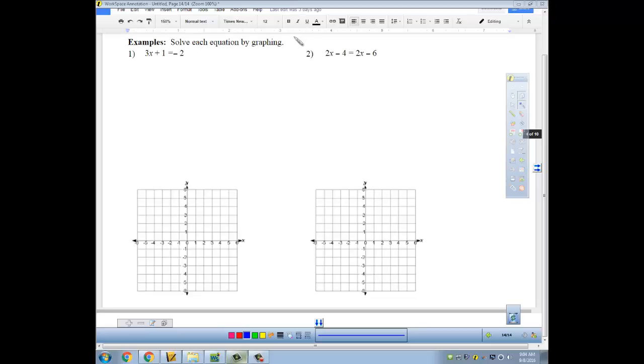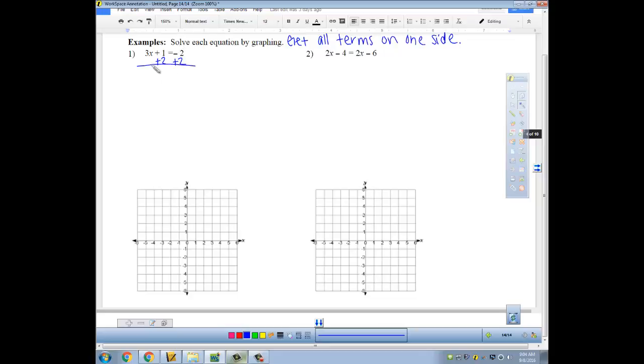So when it asks for you to solve an equation by graphing, it wants you to get all terms on one side. I typically put all my terms on the left side. So to get this -2 to the left side, I'm going to add 2 to the 1.